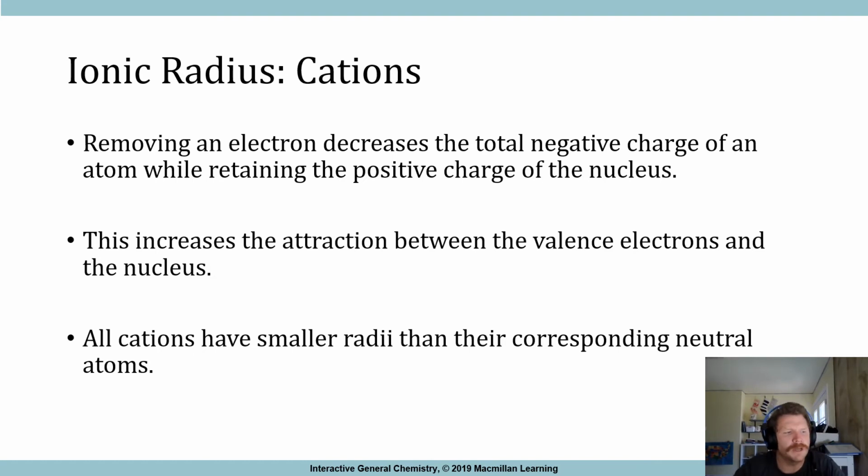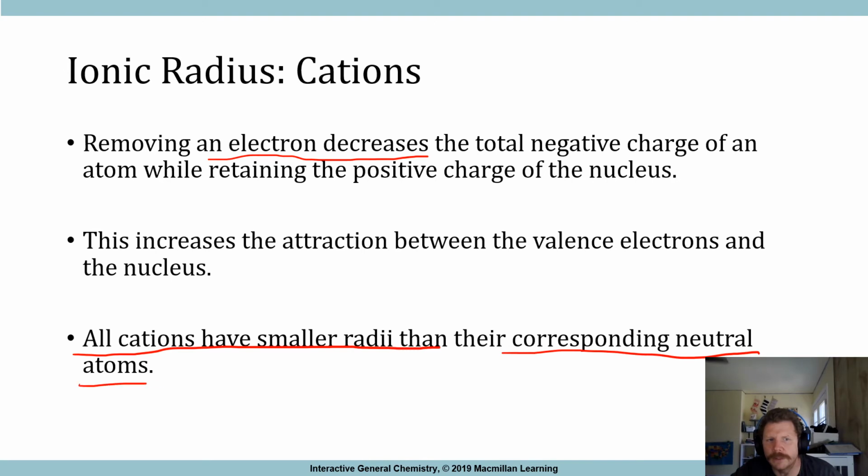Things are a little bit different when you talk about cations and anions. Why is that? Well, with a cation, you have removed an electron, and therefore you have decreased the space that atom is going to cover. So all cations have smaller radii than their corresponding neutral atoms.